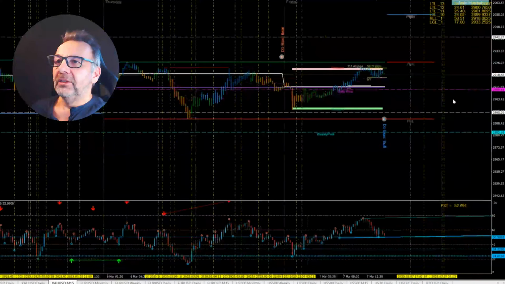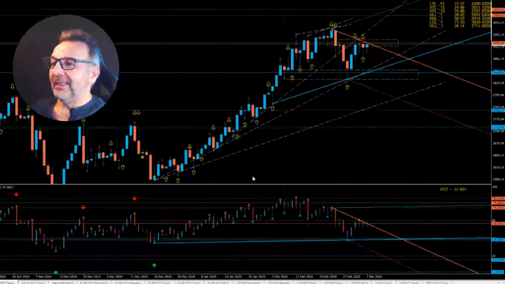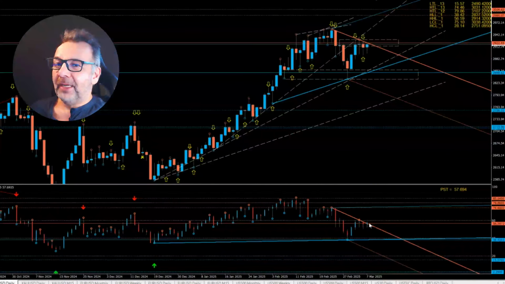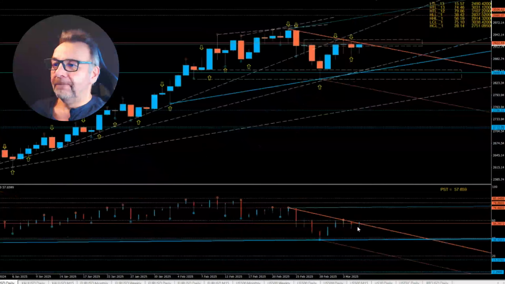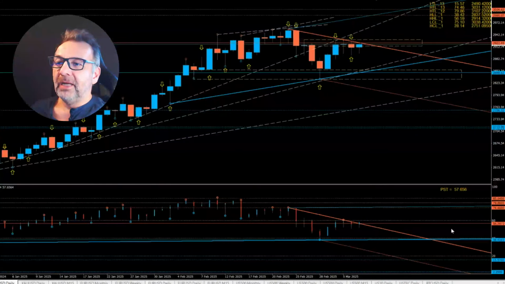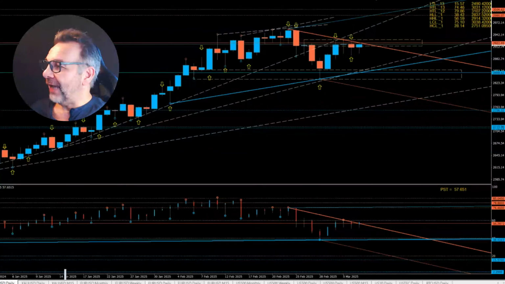Okay, these are the trading hours, and I know that on the PST indicator we've now got a breakout. Okay, you can see that. Let me make that a little bigger on the daily. Right, so we've got a PST breakout. Remember that price level is 2,914.